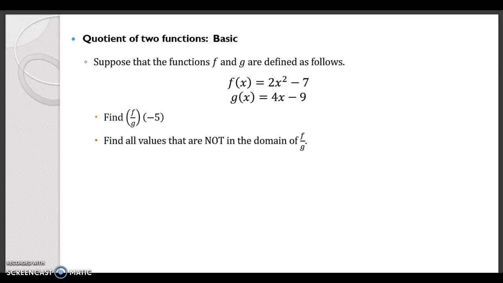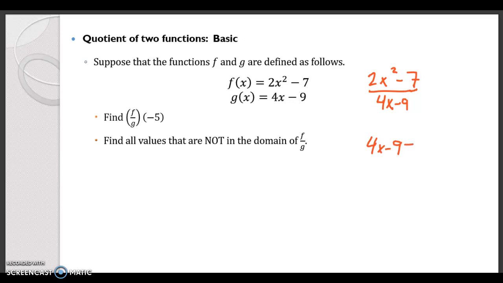If we have f over g, that looks like this: 2x squared minus 7, which is f, over g, which is 4x minus 9. And since we have an expression on the bottom, we have to remember that it can never equal 0.